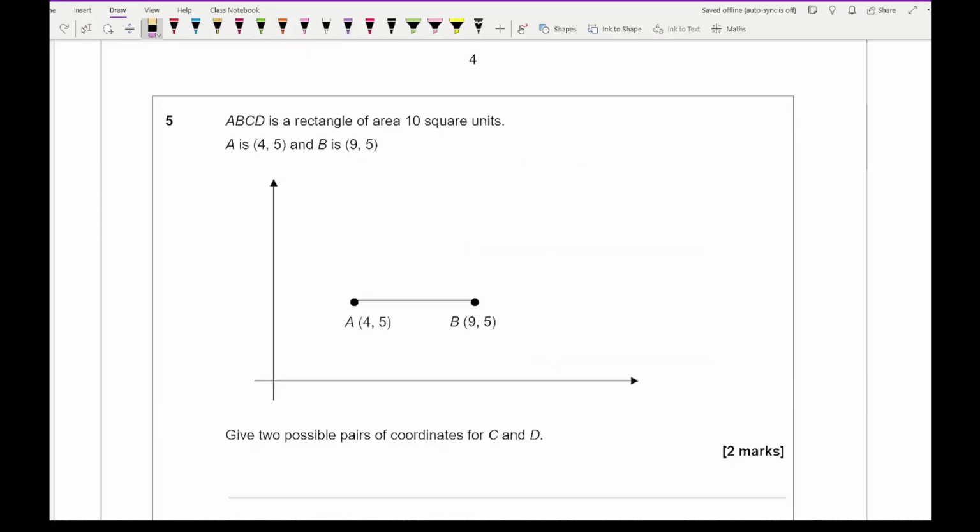Now moving on to question 5, it says that ABCD is a rectangle of area 10 square units. A is (4, 5) and B is (9, 5). Give two possible pairs of the coordinates for CD. So if I start by using BC as one of the sides of the rectangle, then it's either going to look something like this, in which this point here I'm going to assume is C1 and this one I'll call D1, or it could be below that AB, in which this would be C2 and this point here would be D2.